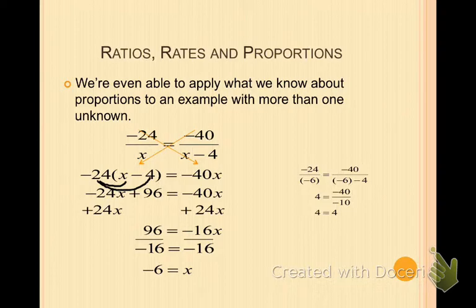Now from there we have an equation where we just have to remember when we have variables on both sides of the equation, our goal is to first get them onto one side. So in this case we could add 24x to both sides in order to get them all onto one side. And we would end up with 96 equals negative 16x, and from there we would divide both sides by negative 16, and we would end up with negative 6 equals x.